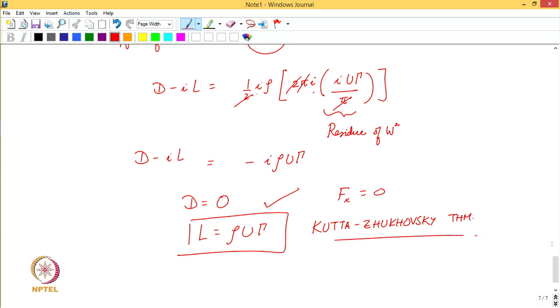So, we arrive back to the same result using a different approach, which is the Blasius theorem, and that is what I wanted to demonstrate by this method. Okay, thank you.